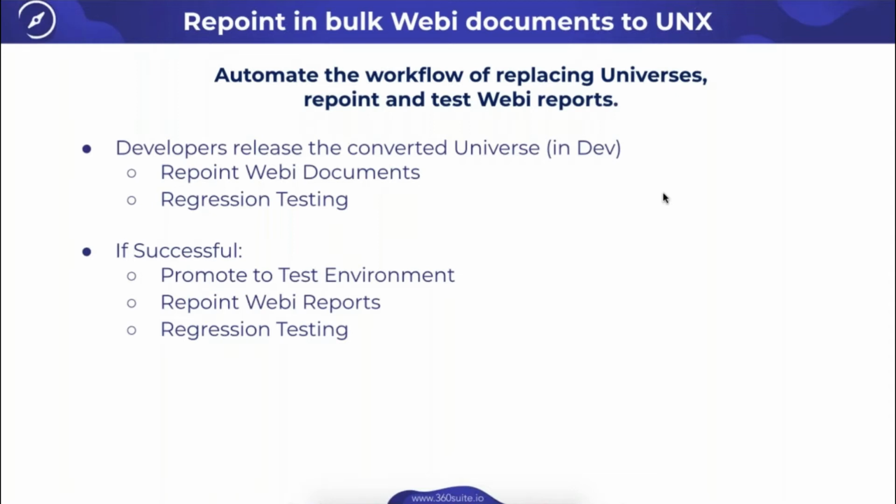And then you can also do some regression testing to validate that everything is working fine. My colleague Pauline, before the session, did talk about regression testing. So obviously it was well placed in the sense that now you know a little bit more about regression testing, and you can see how it can nicely tie in your conversion of UNV to UNX.